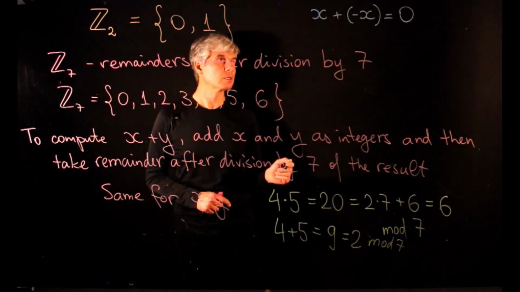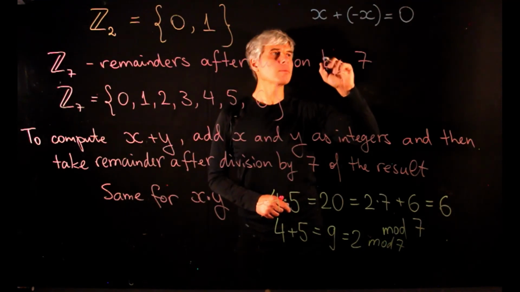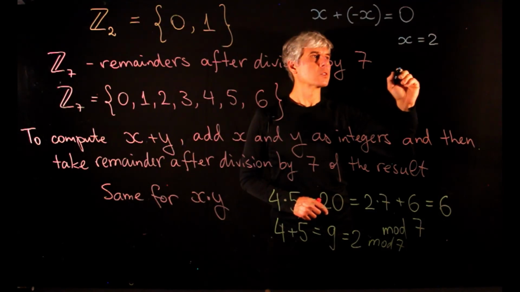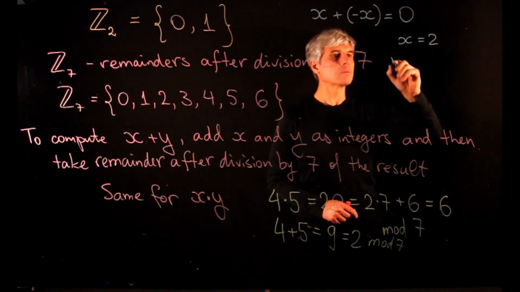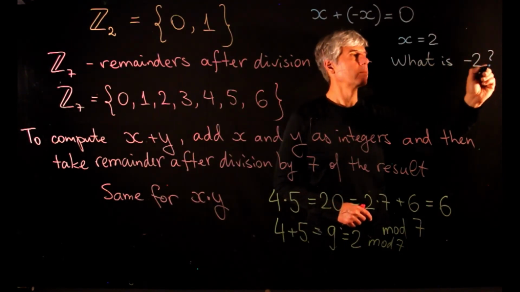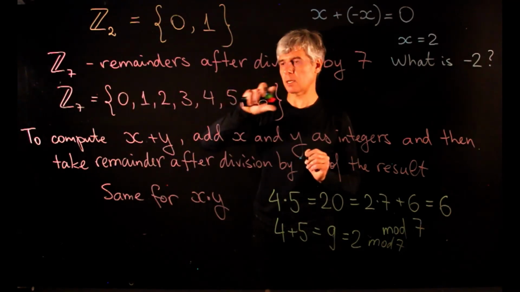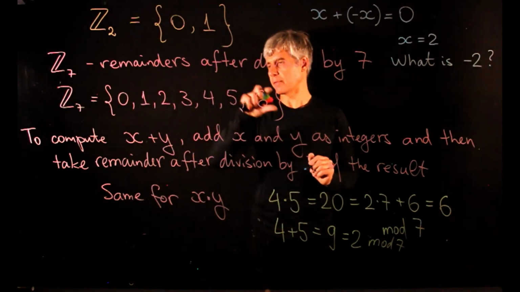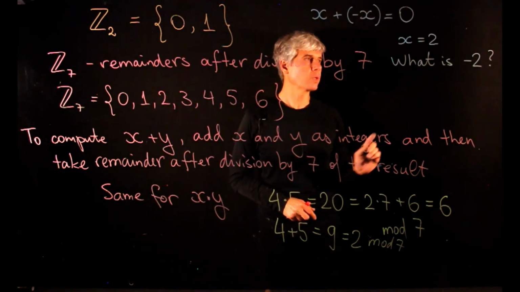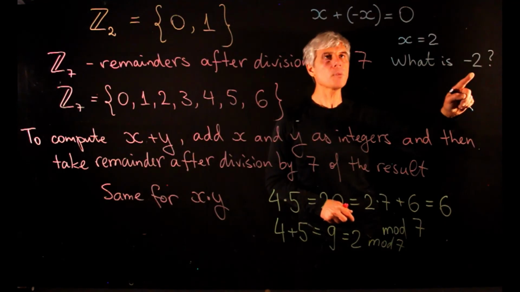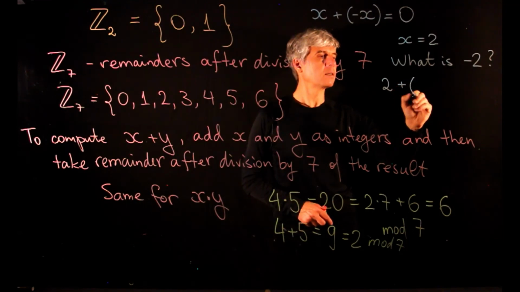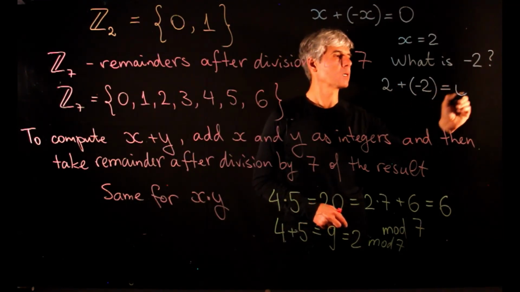So now, for example, take x equals 2 as an example. The question is, what is minus 2? Minus 2 is not explicitly written in this set. But we know that minus 2 must have the property that 2 plus minus 2 must be equal to 0.